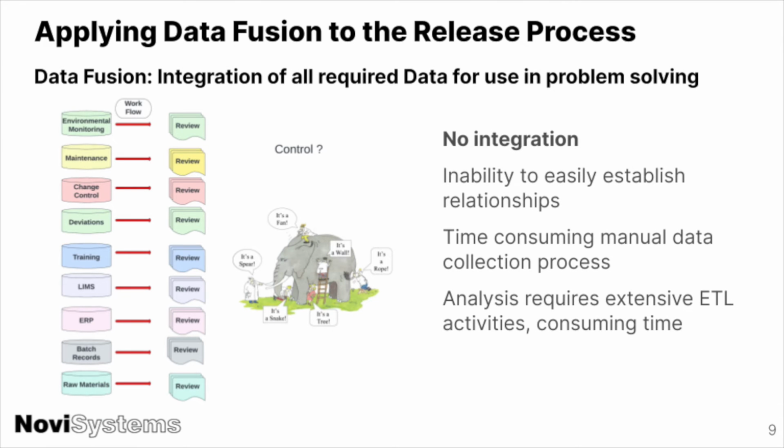Now I want to come back to this view of our data and the fact that we have all these structured databases collecting information, and we need to get that information together for the release process. Unfortunately, almost every place I know, all of these things are isolated. That is, they're kept in different systems. Although they're all databases, there may be issues with the data type, as I said earlier when we talked about floats versus integers.